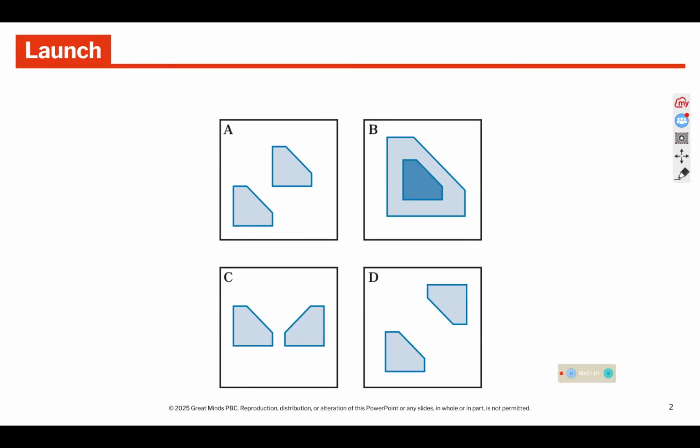But B, the two shapes are not the same size. That one requires what's called a dilation, and a dilation is not considered rigid motion. So A, C, and D all use rigid motion. However, B uses a dilation, which is a non-rigid motion.